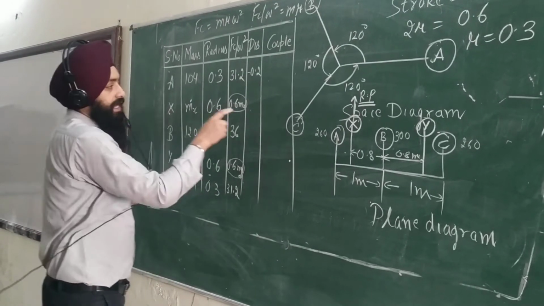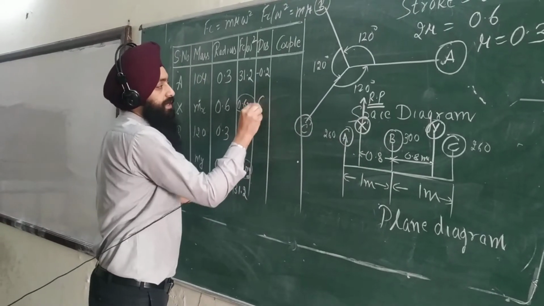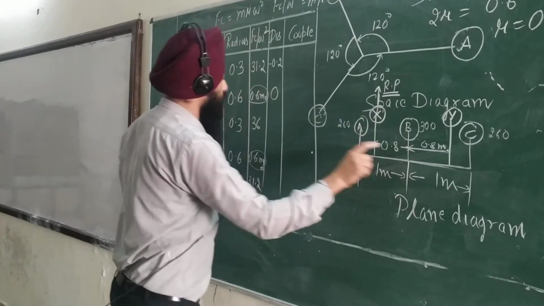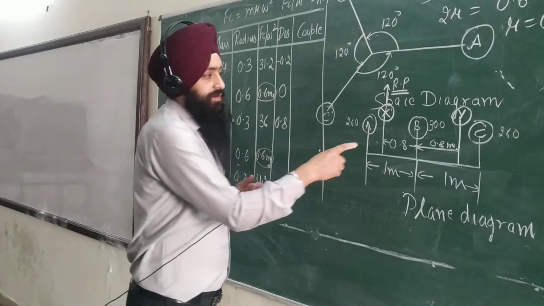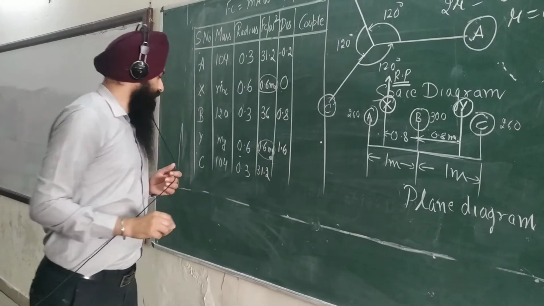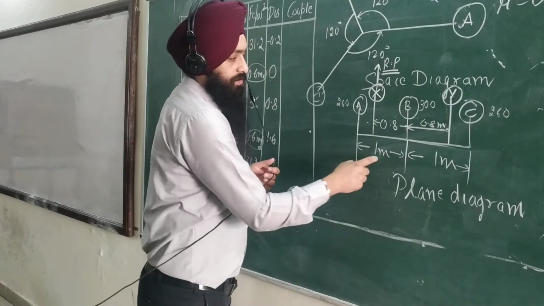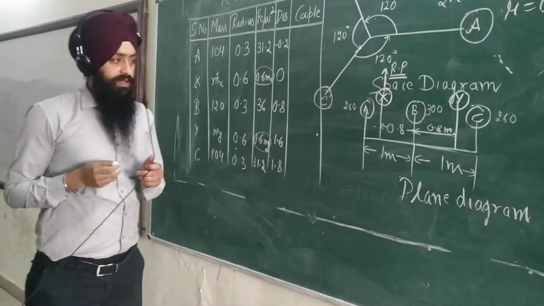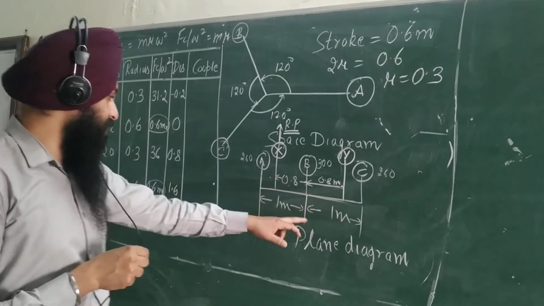The distance between x and x will be 0. The distance between the reference plane and B is 0.8. The distance between x and y will be 1.6. And the distance between reference plane x and C is 0.8 plus 1, which is 1.8.